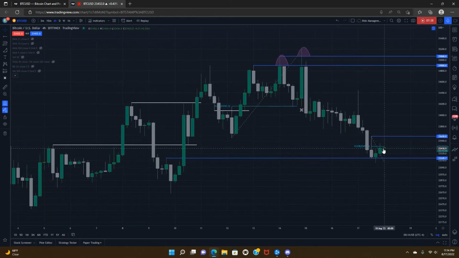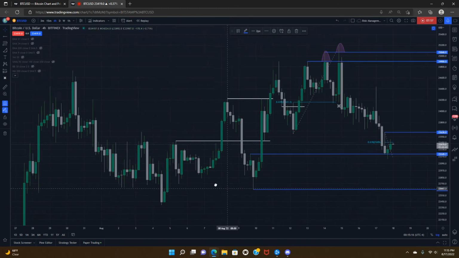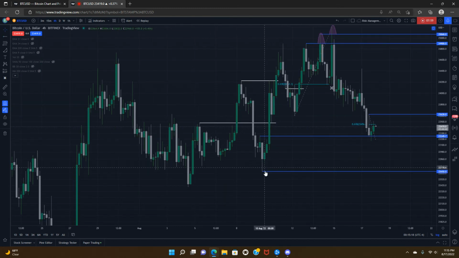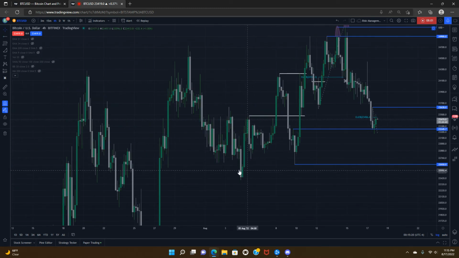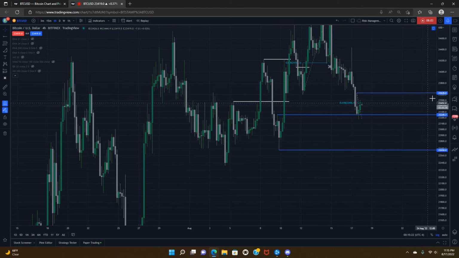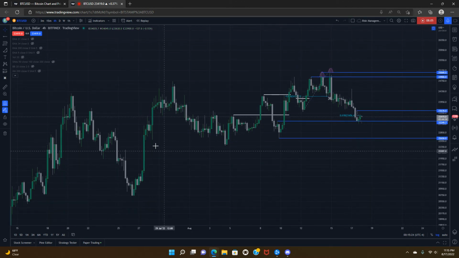But if we were to break down, you would see this reaction into the 618, and then ultimately price would probably reach for liquidity below the swing low right here. So you'd see a minor reaction, run up into the 618, then run down for 22666 roughly. Probably see a sweep of these lows right here, potentially a sweep of these lows right here, and a fill of this gap right here, this further inefficiency.